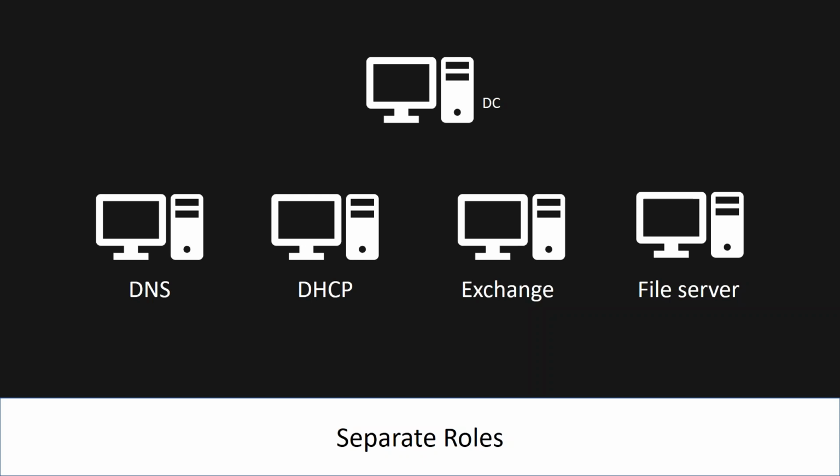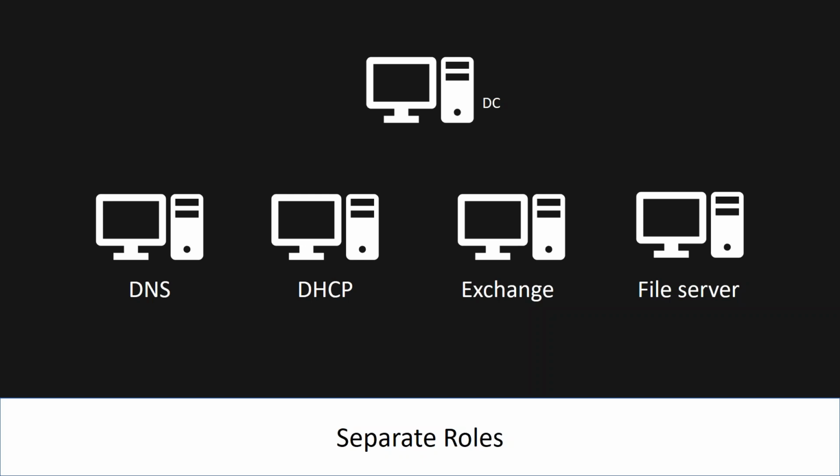But the more you can separate out the roles, the easier it becomes to secure your environment, especially when we're talking about domain controllers. So in an ideal world, the domain controller should be just a DC, and it shouldn't perform any other role if possible. So this is what I mean by separation of administration.